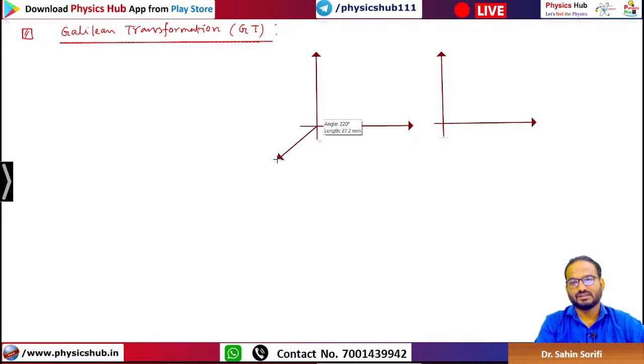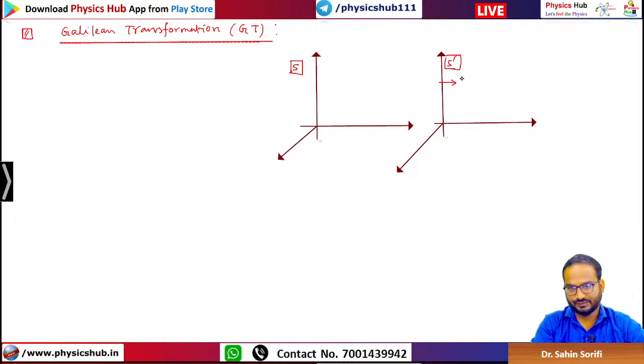Let's draw the z axis as well, which we do not show generally. So this is your S frame, the rest frame. This is the S prime frame, the moving frame, moving with respect to S with velocity V. So keep everything same. This is X, this is Y, and this is Z. Here it is X prime, Y prime, and Z prime.